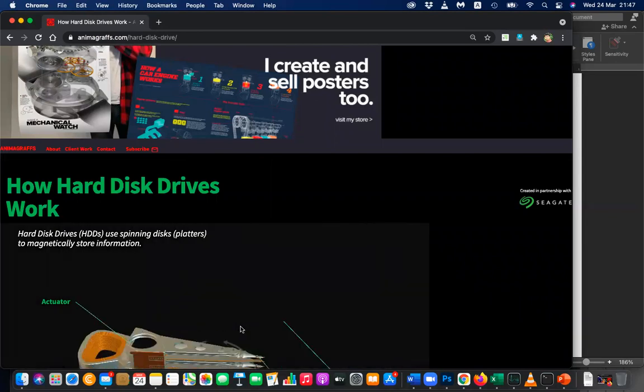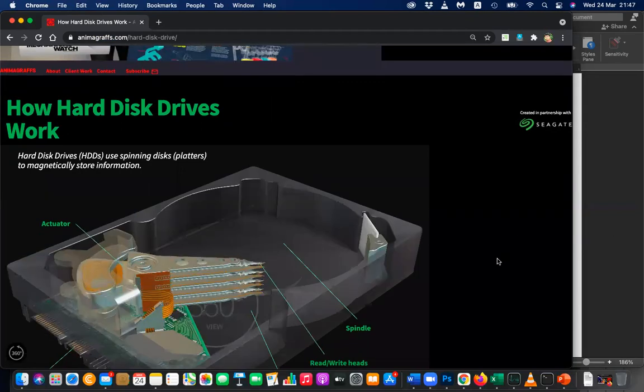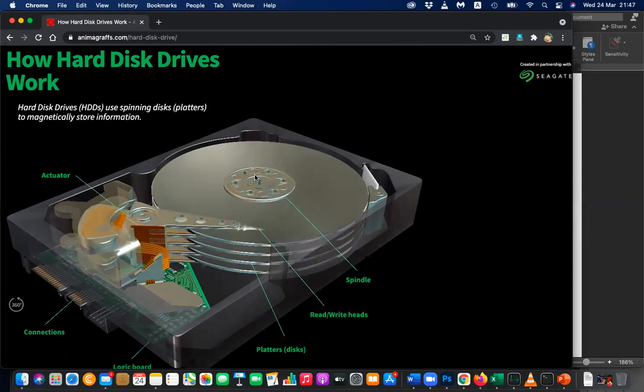This is an animation-based website. You can browse over there and see these are the platters, and the platters are rotating and the read-write head is moving back and forth. When it's moving back and forth, the data is written to both sides of the platter. So that is what happens.